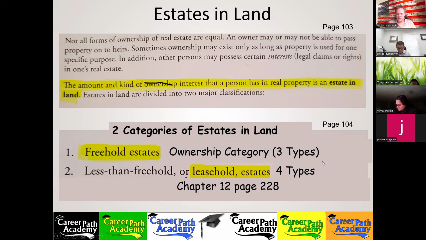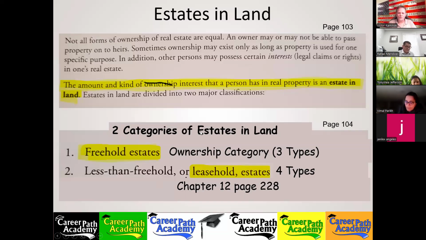And then on the next page, because they split this up to the next page, page 104, freehold estates is the ownership category. So right after that ownership category, three types. And actually above it, write the title that I have here.